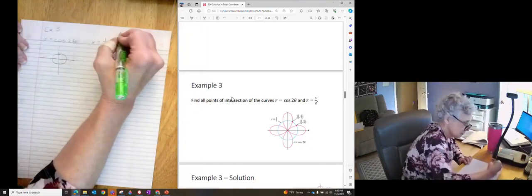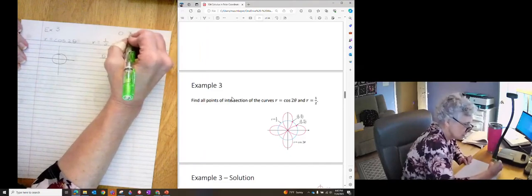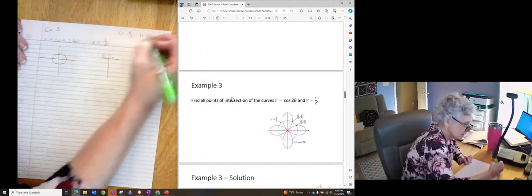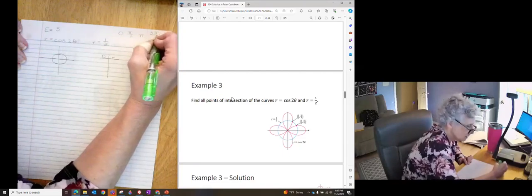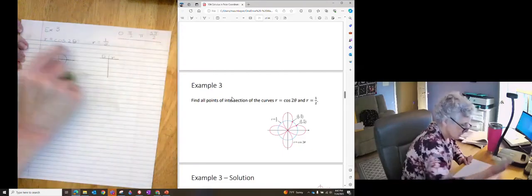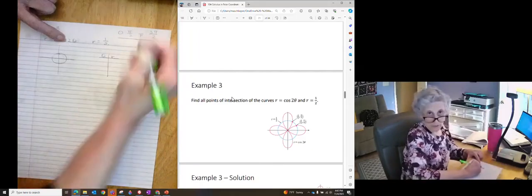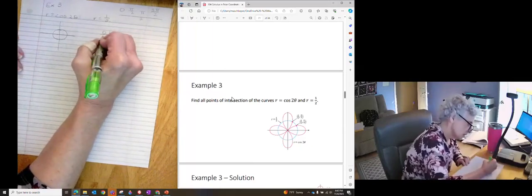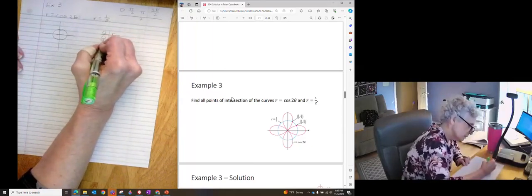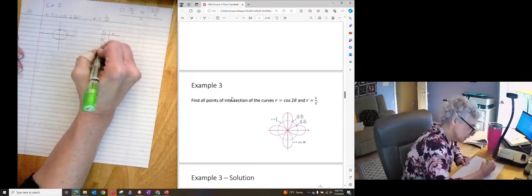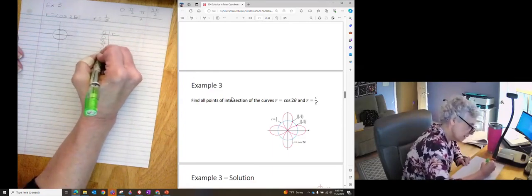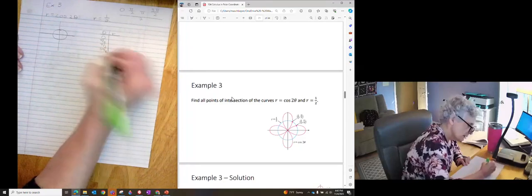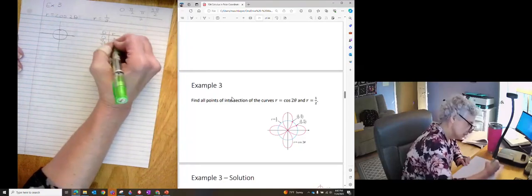You would take your big 4, 0, pi halves, pi, 3 pi halves, divide them by the number sitting next to theta, and you would start sketching with 0, pi over 4, pi halves, and 3 pi over 4.